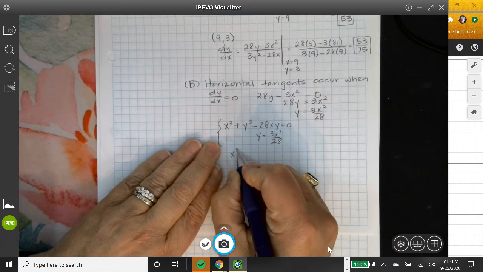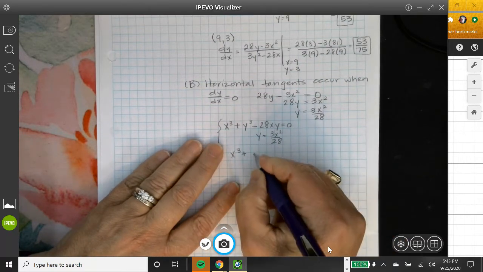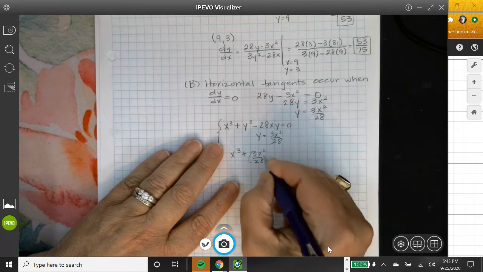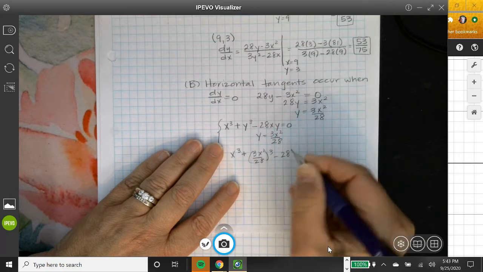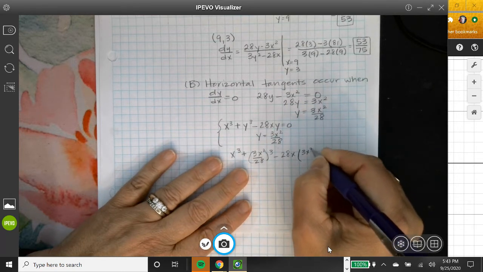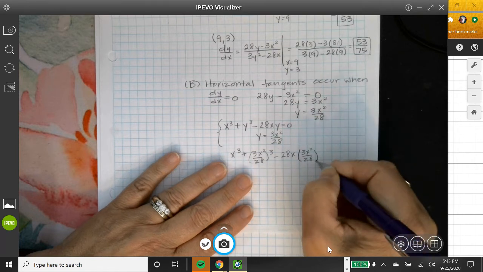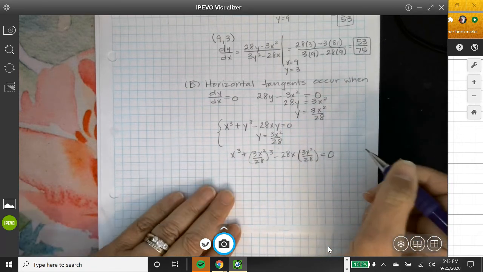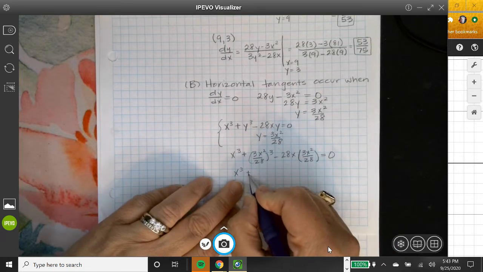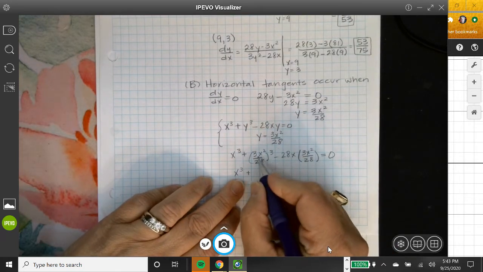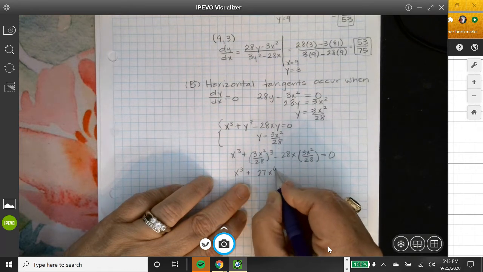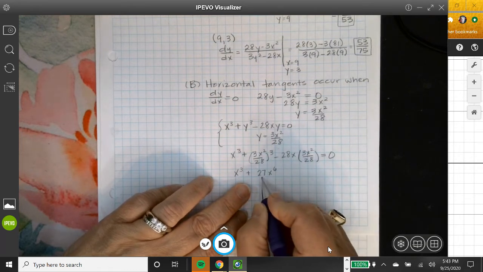So I'm going to get x cubed plus y cubed, which is going to be 3x squared over 28 quantity cubed, minus 28x times y, which would be 3x squared over 28, equals 0. So simplifying, I get x cubed plus, well, this is going to be 27 in the numerator. x to the 6th over 28 cubed.